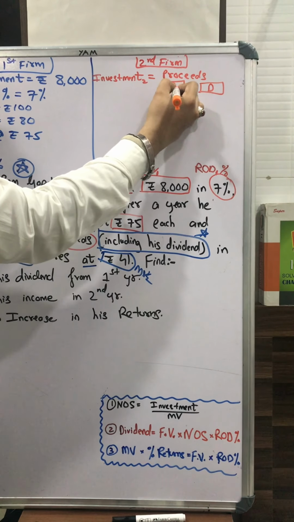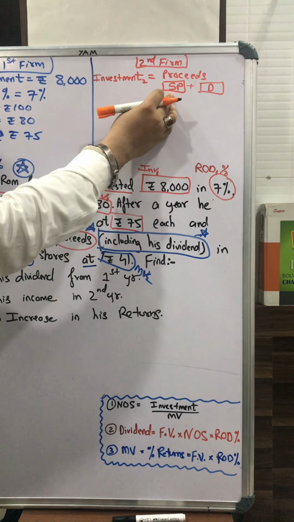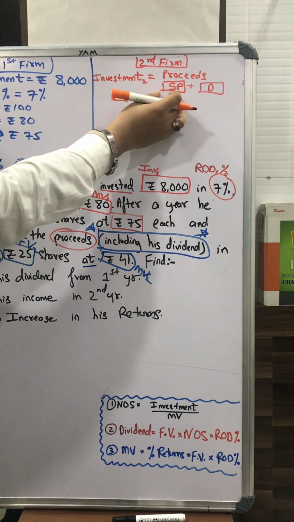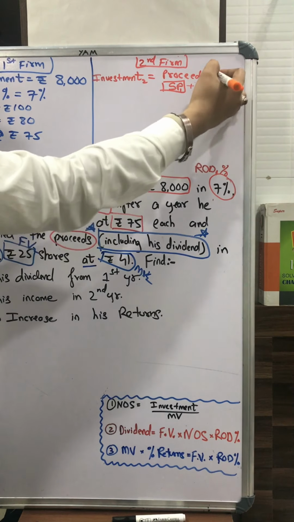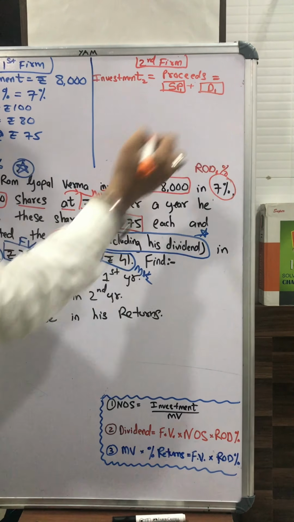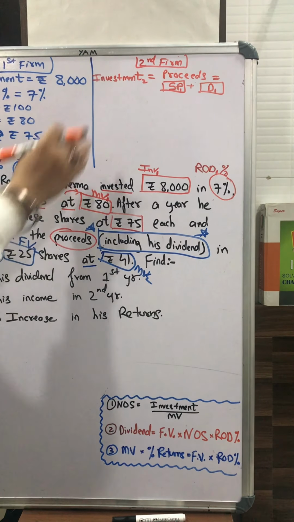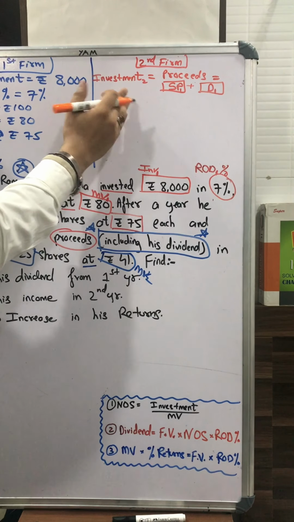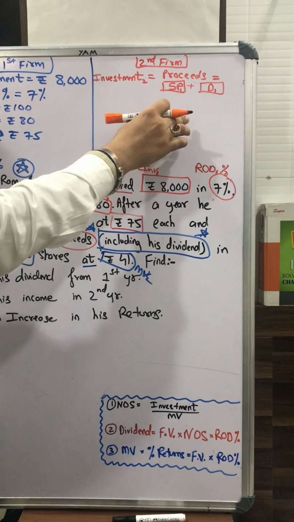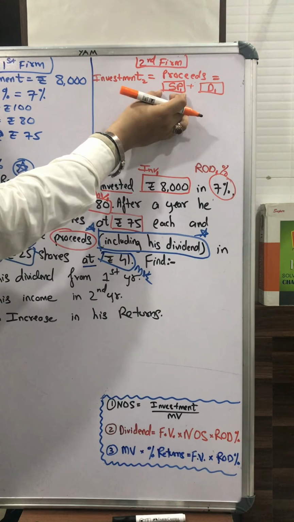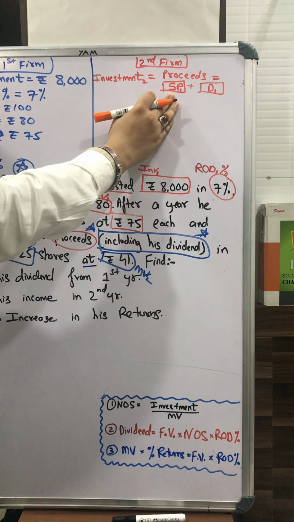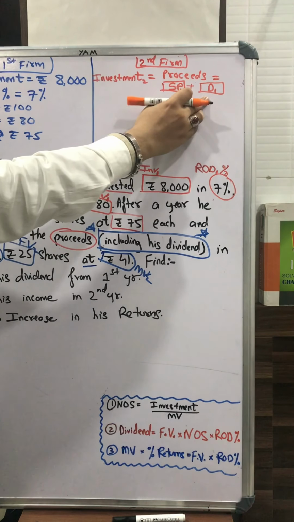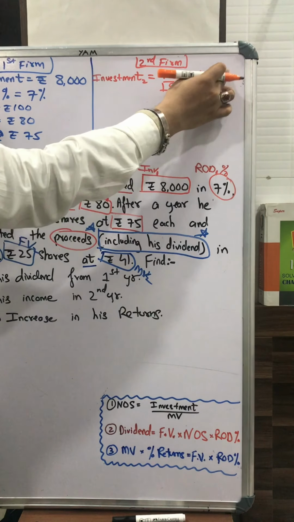Amount obtained after selling, the selling price of the shares of the first firm plus the dividend of the first firm, and this will be a proceeds. Hope you are understanding. Investment for the second firm, what all he invested? The proceeds. And here the proceeds mean whatever amount he got, the selling price of the first shares, total selling price, plus the dividend also of the first share. We have to add the both and we'll get the proceeds here.